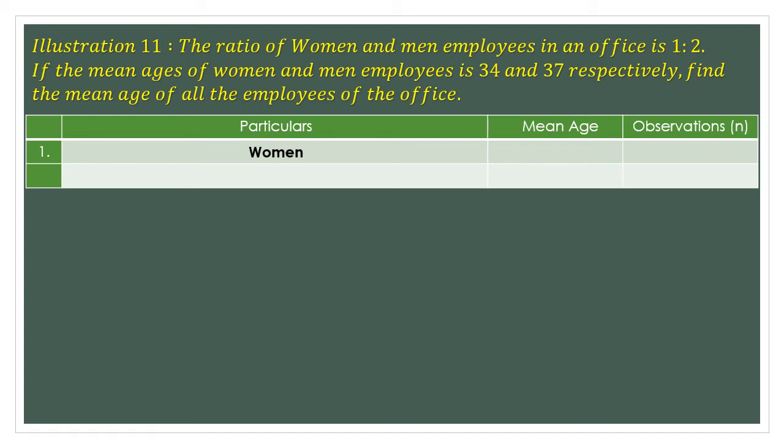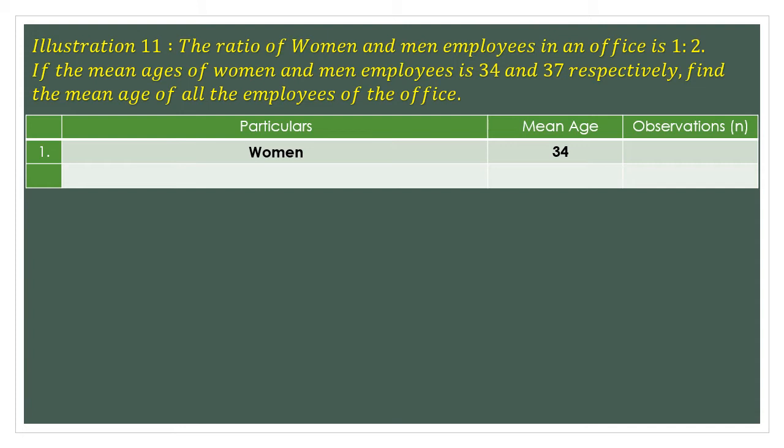Now the mean age of women is 34, whereas the number of observations is not actually given, rather a ratio of observations is given. What I am going to do is take that ratio directly as the number of observations. That means women and men are 1:2. So women I am going to consider as 1 and men as 2.